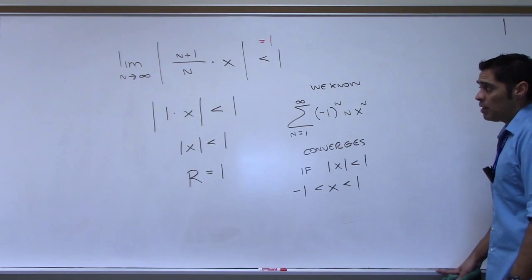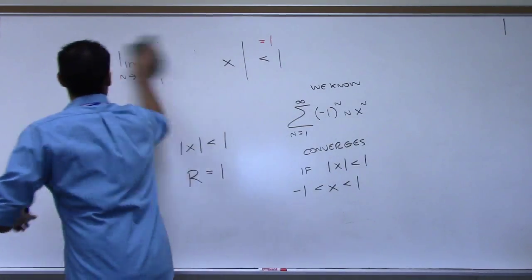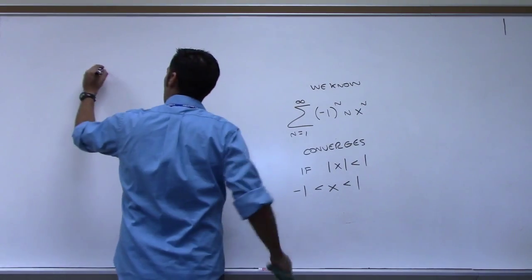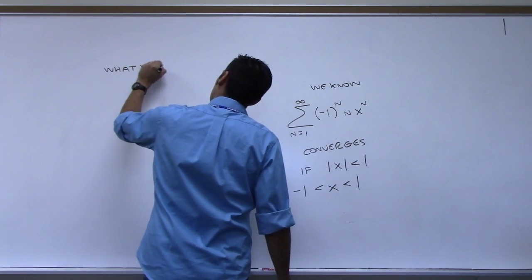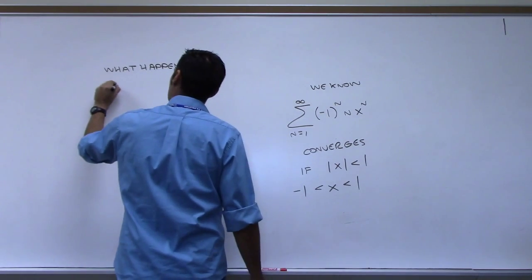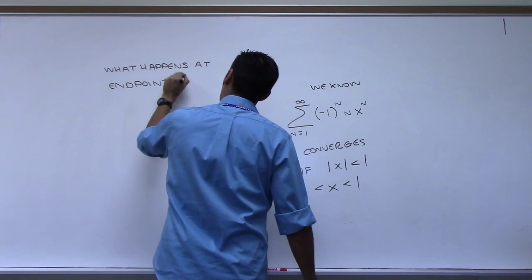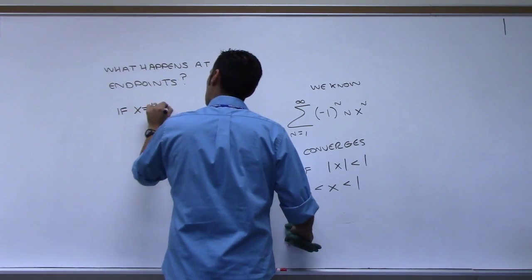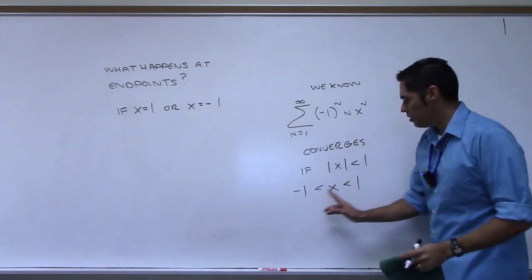So that's what we know so far. What we still want to know is what happens at the endpoints. In other words, if x is equal to 1 or x is equal to -1. So what happens if I actually go to these endpoints?